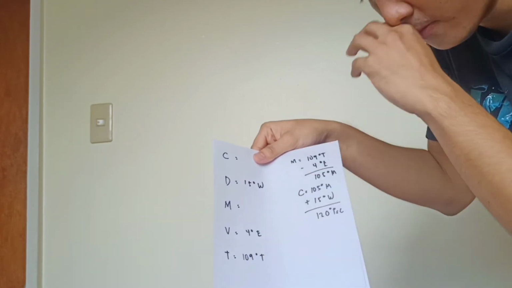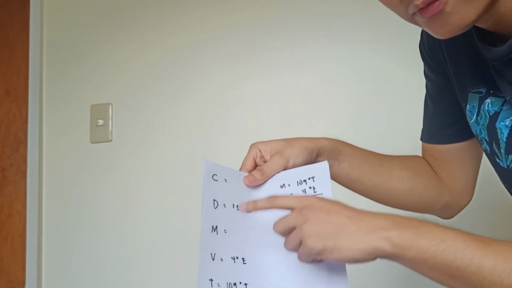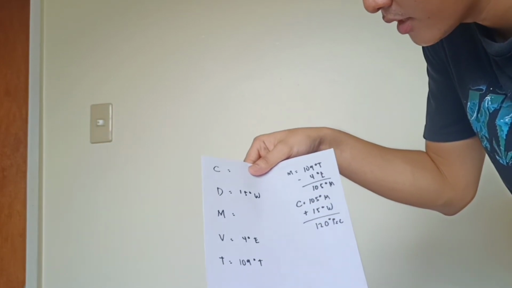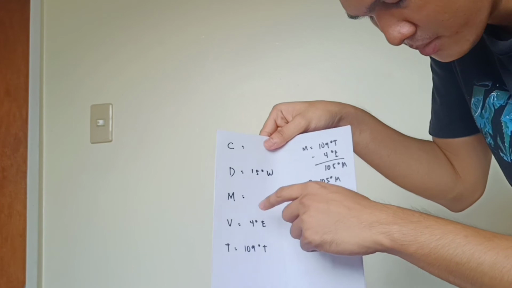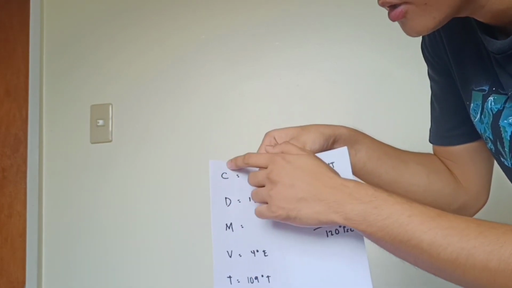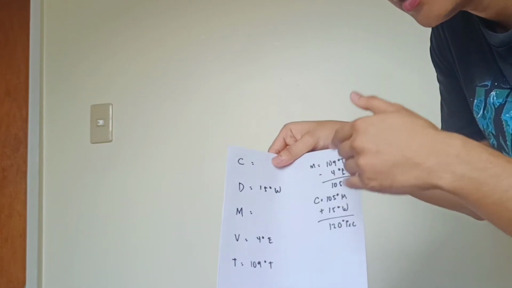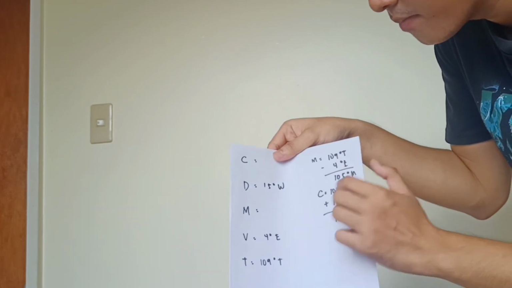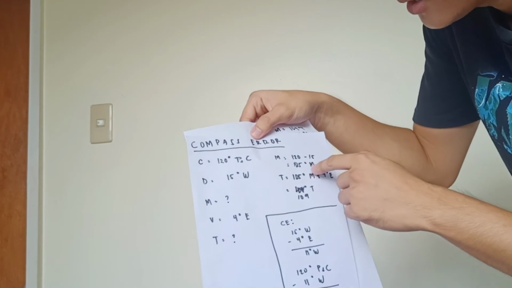T is 109, and we find M. So 109 minus 4, since it is now in the opposite direction, the west is now the addition and the east is now the subtraction. So 109 minus 4 is 105 magnitude, same as here. 105 magnitude.